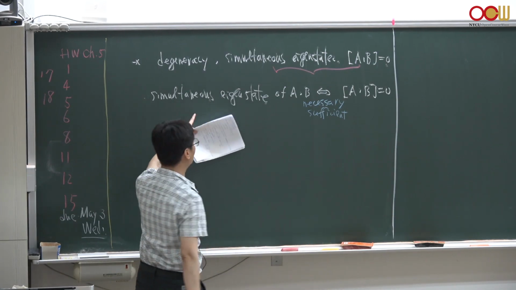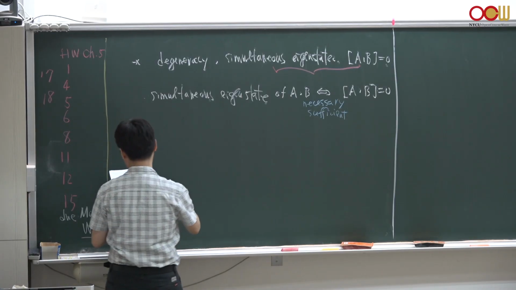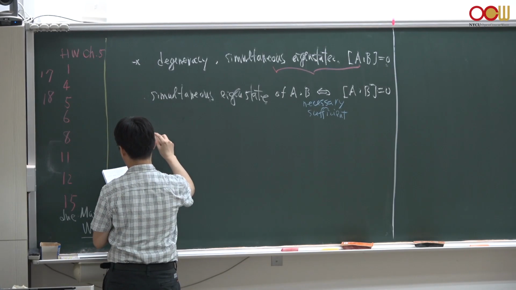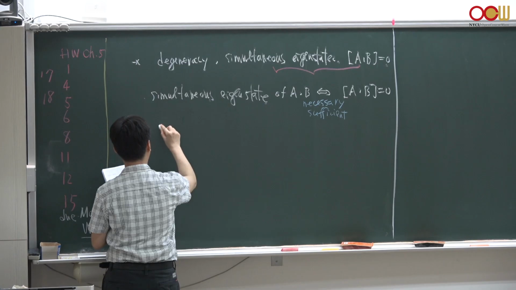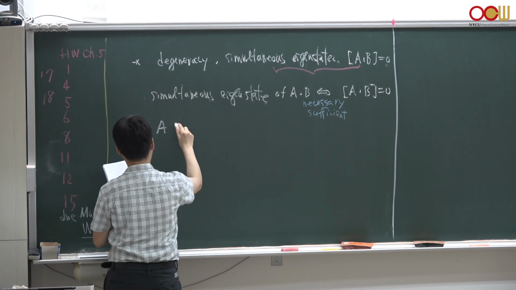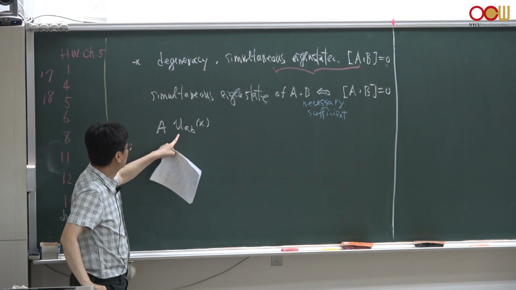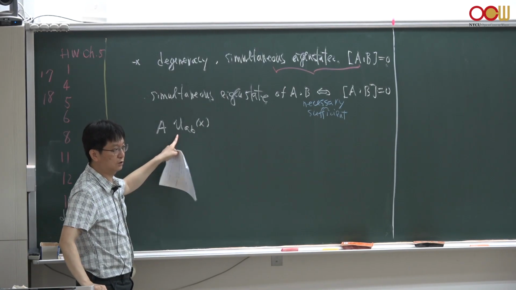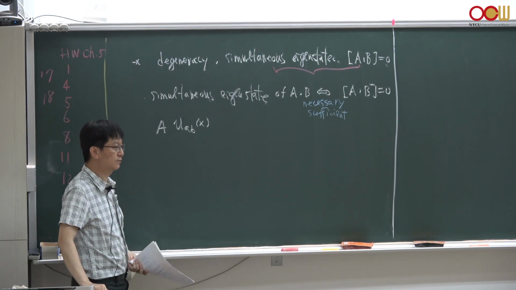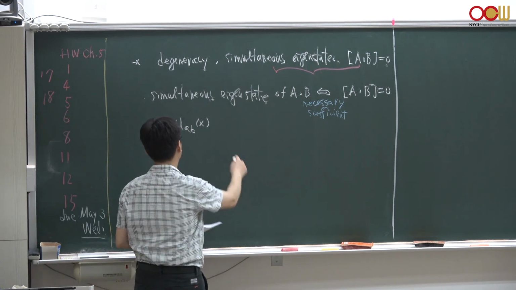Let us define what I mean by the simultaneous eigenstate of A and B in a more mathematical way. Suppose there exists such a state, u_AB as a function of x, which is an eigenfunction, a wave function.